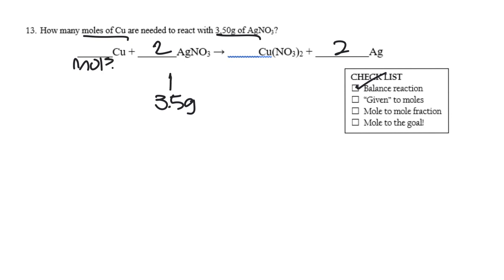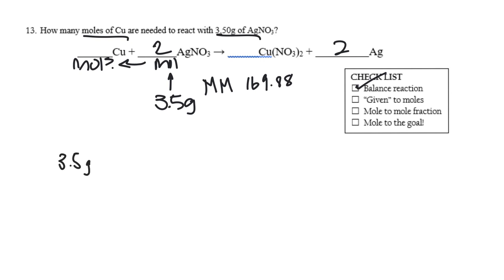So first thing I'm going to do is convert to moles of silver nitrate using molar mass. And that molar mass is 169.88. Then I can get from moles to moles using my coefficients. And then I'm done. So I've balanced the reaction. Let's now set up our train tracks.